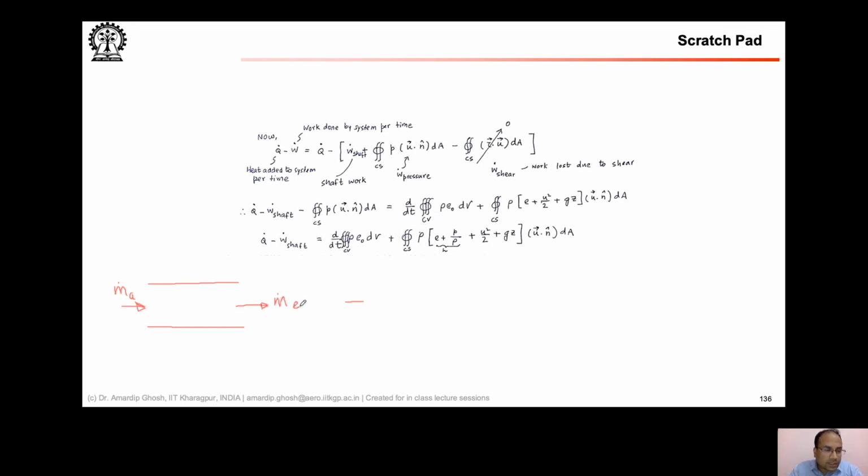These are slightly different from each other, but for simplification purposes, you can think of m dot A and m dot E to be the same. In precise formulations, you understand that there is some m dot F that has come in. So m dot E is actually m dot A plus m dot fuel.